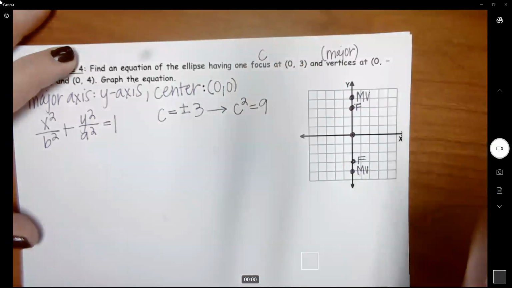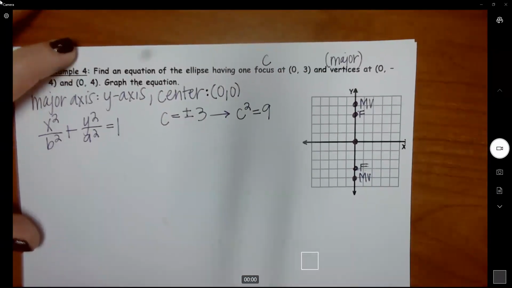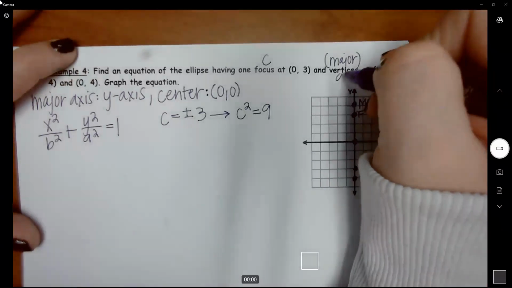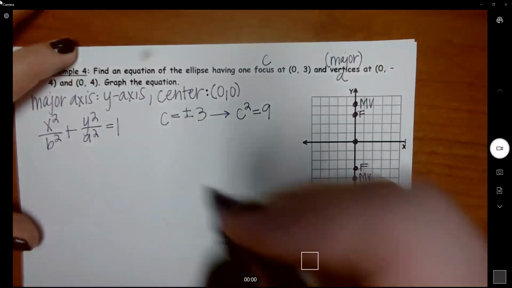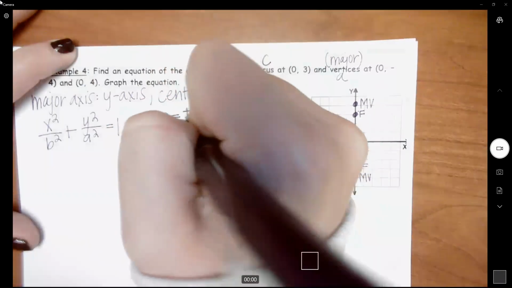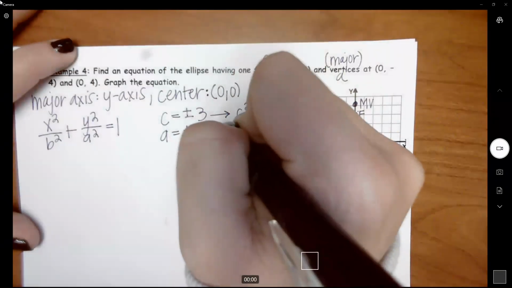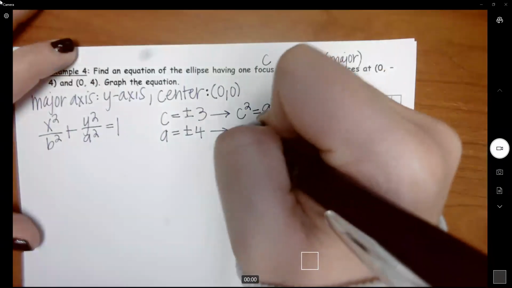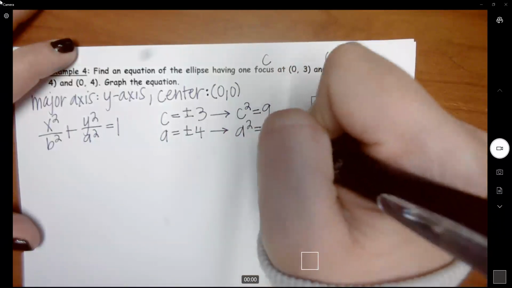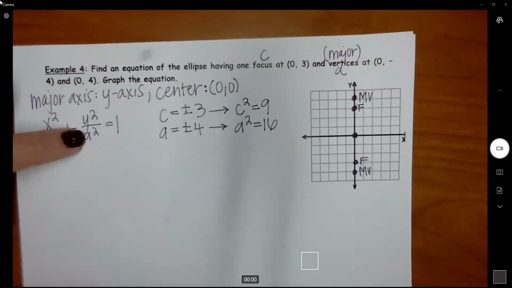So this will tell me that my C squared is 9. And then vertices are labeled A. And so here, A is plus or minus 4. So therefore, A squared is 16.